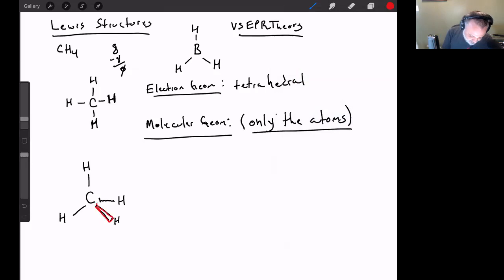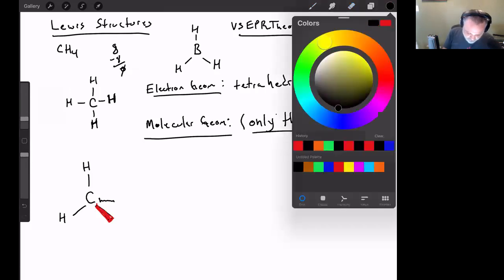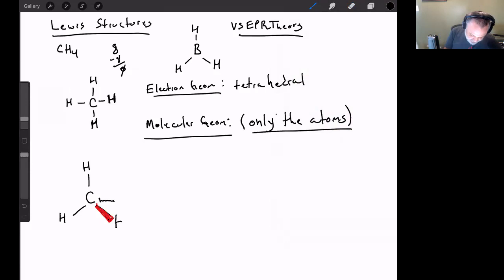The wedges, and this is going to be true for all of organic chemistry, mean that they come towards you. Dashes mean that they go away from you. So if I were to draw these hydrogens in perspective, this hydrogen would be a little bigger than both of the other ones, and this hydrogen would be a little smaller because it's in the back.